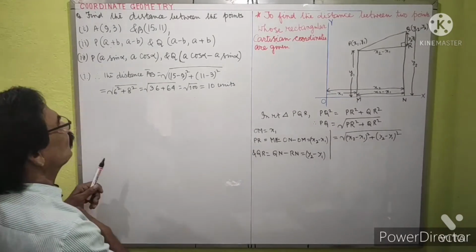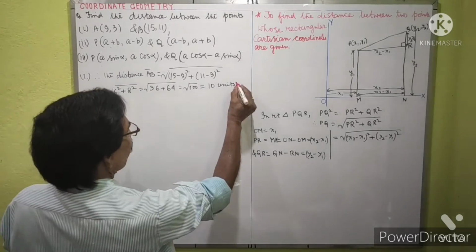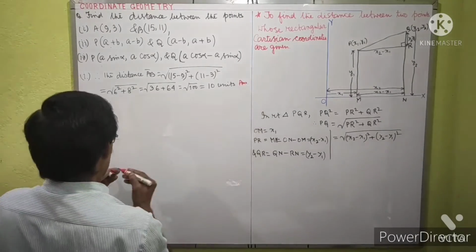This is the answer. So the distance AB equal to 10 units.